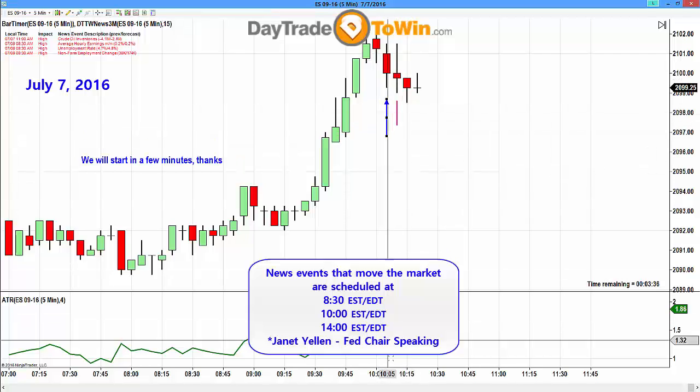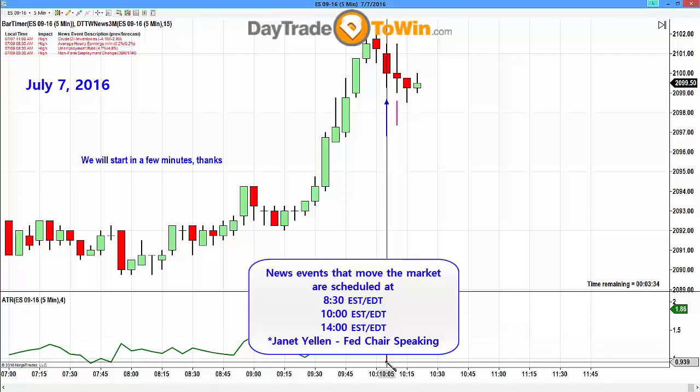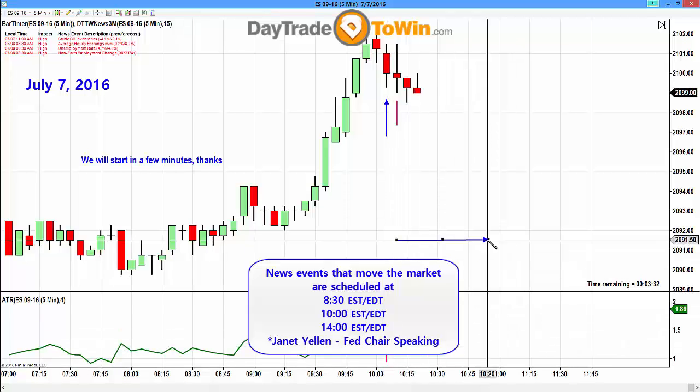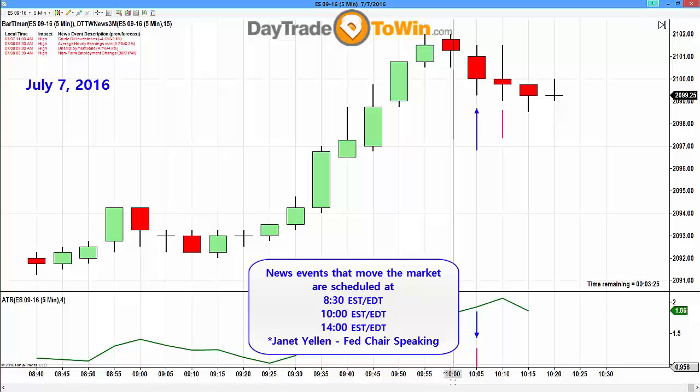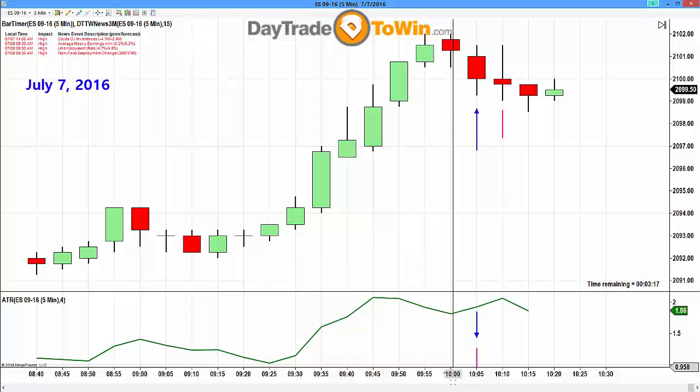So this candle, which is listed as 10:05, is when the news is released, and you should see a very large candle. So stay out of the market, wait until it passes, wait until the market has cleared out of the way, and then you can jump in and say there's no news or the market's back to normal.